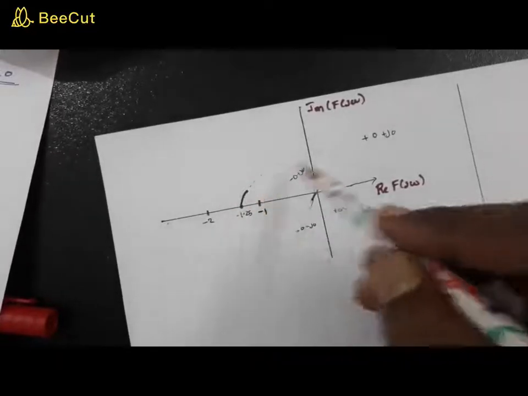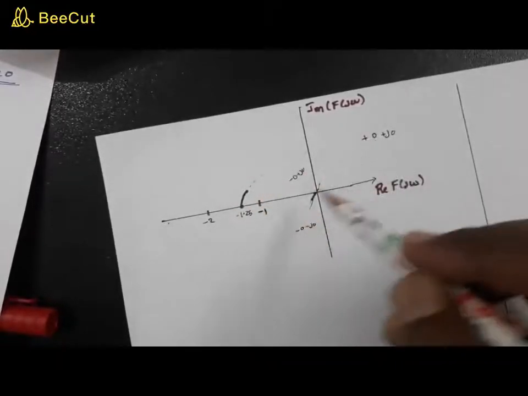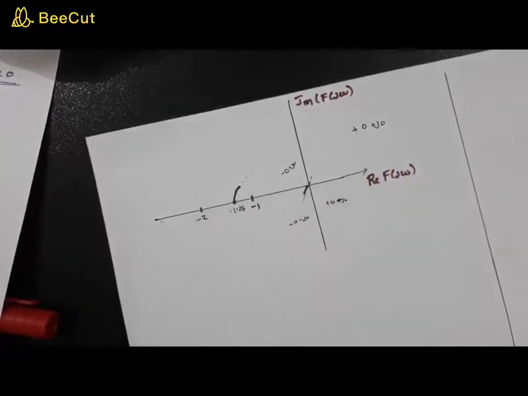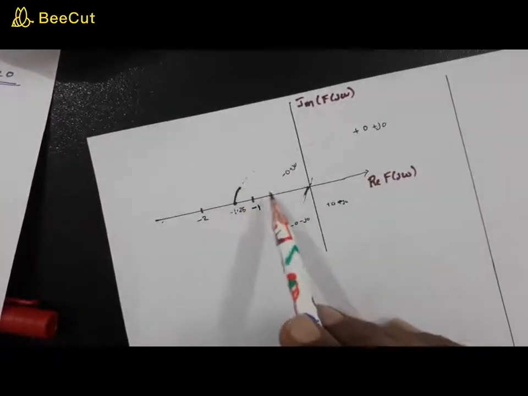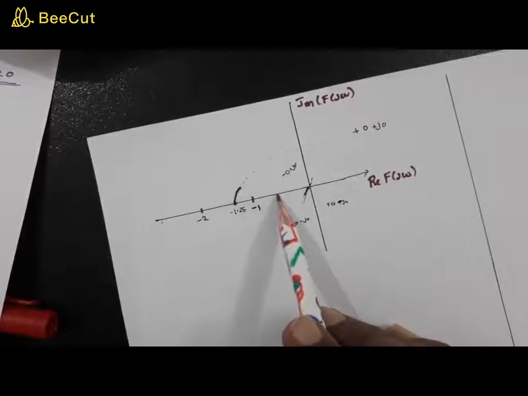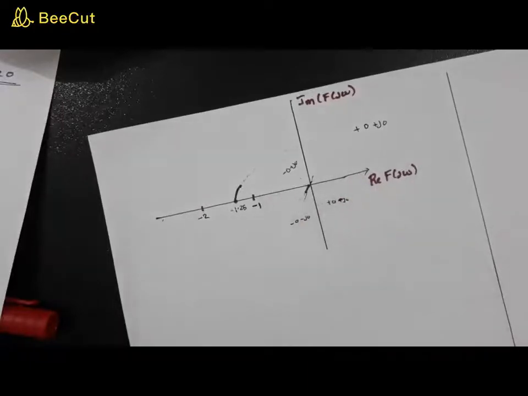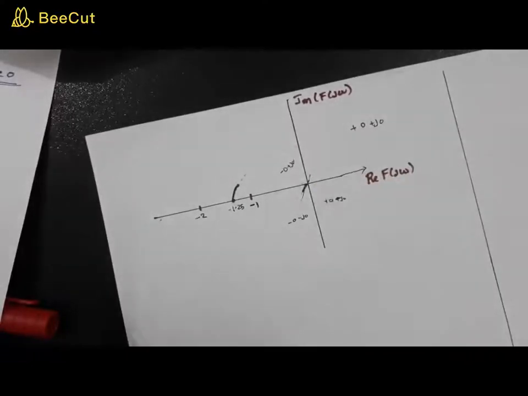In order to reach this, it has to cross either the negative real axis or the positive real axis. When this contour reaches or intersects the real axis, be it the negative side or positive side, what happens to the imaginary term? The imaginary term is 0.